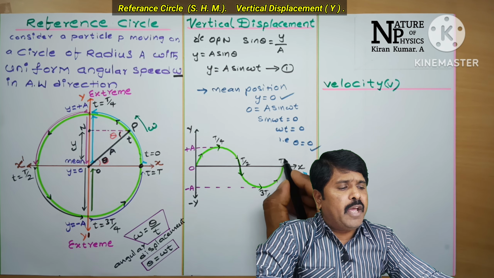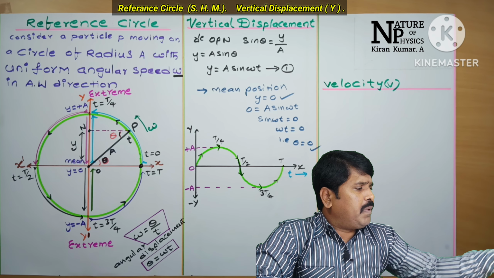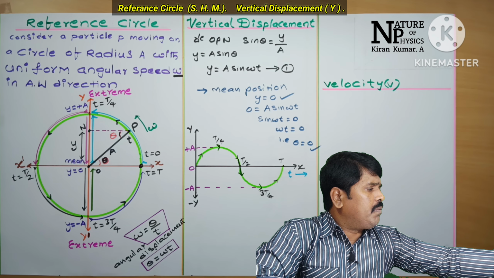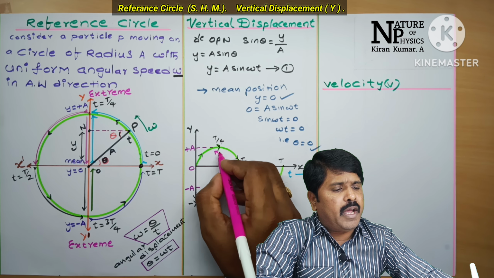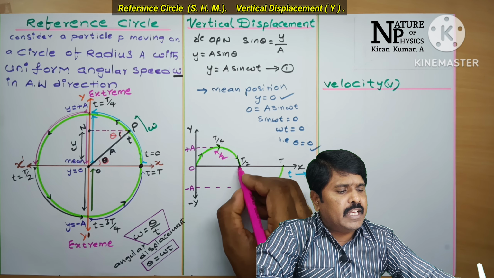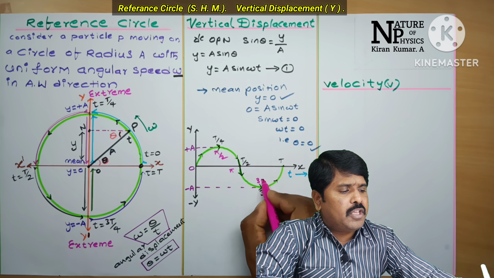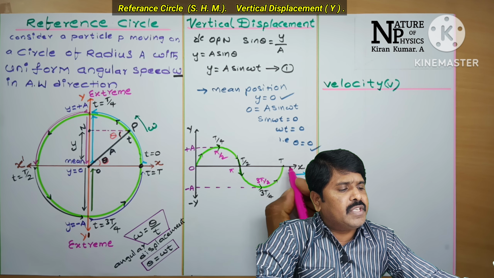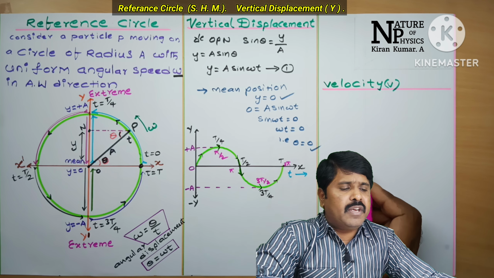So the time period is T, clearly represented. Also we can represent the phase: this is pi by 2, this is pi, 180 degrees, this is 3 pi by 2, and this is 2 pi, students, 360 degrees.